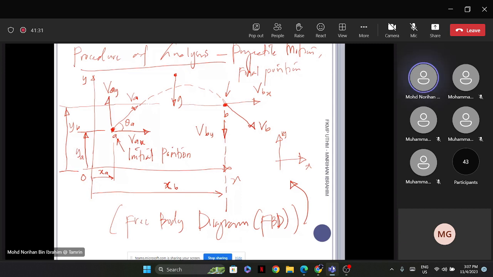We can also determine the time of flight, the traveling time from A to B, initial to final position.